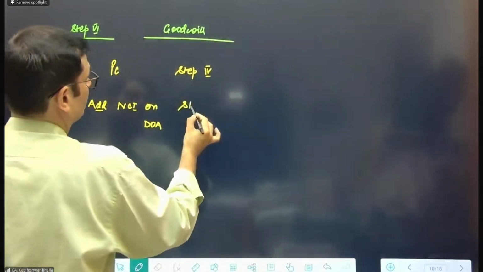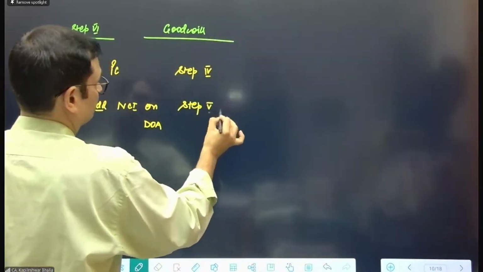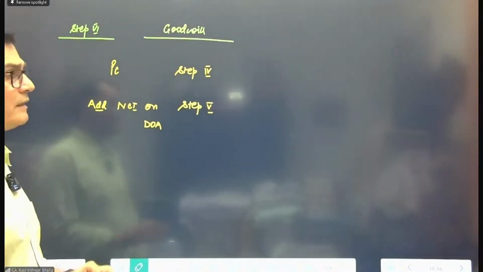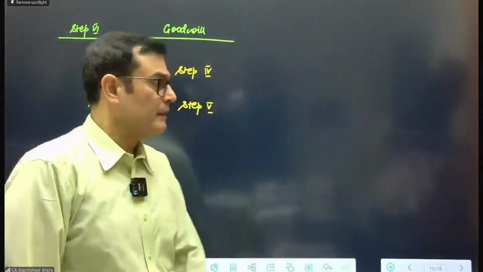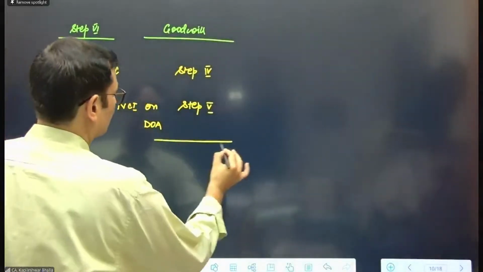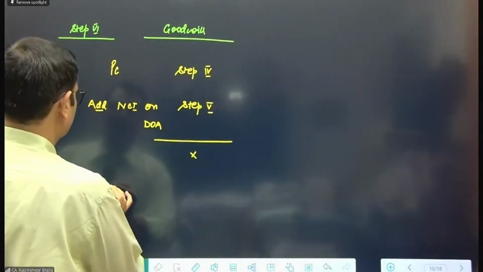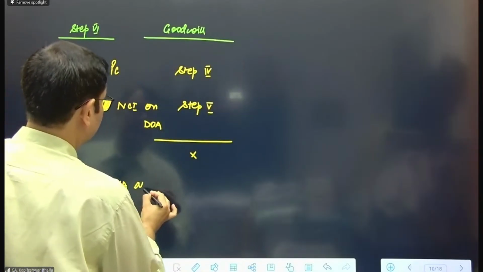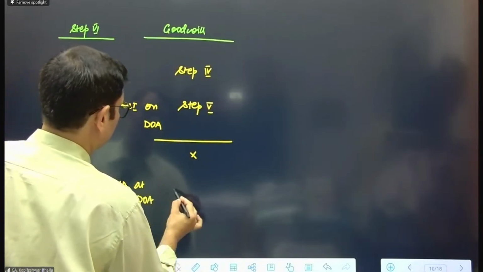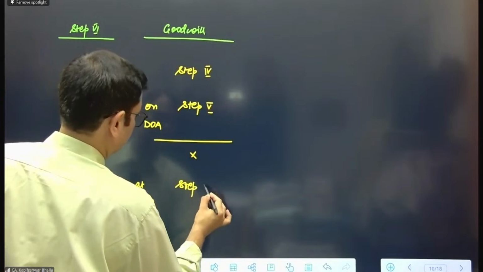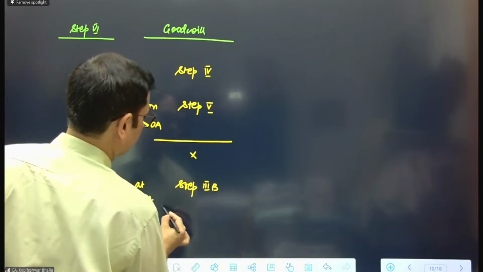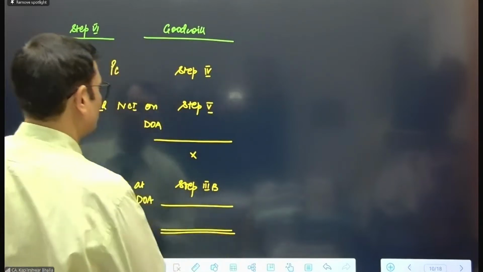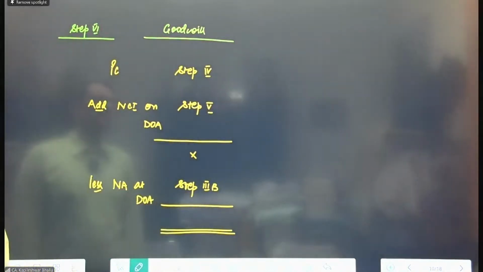Can I say that is already available in step number 5? So you need to add the PC with the NCI, and once you get the sum total of this, you need to compare this with the net assets at date of acquisition, which is available in step number 3B. That data is already organized, and you're going to get the goodwill or the bargain purchase gain.